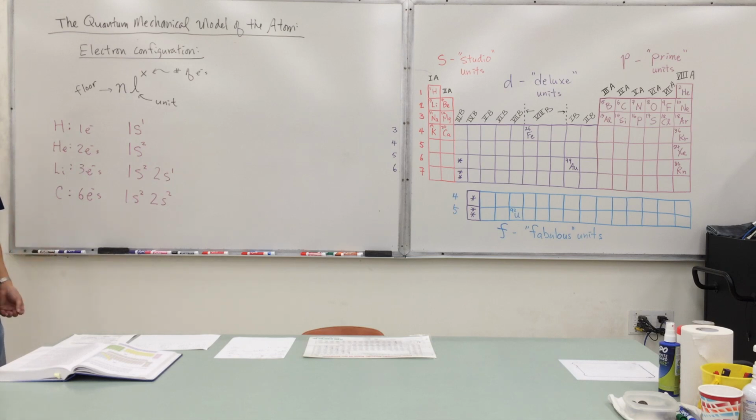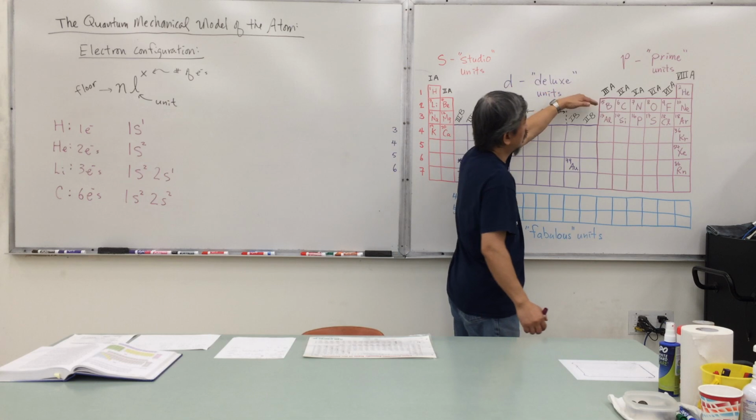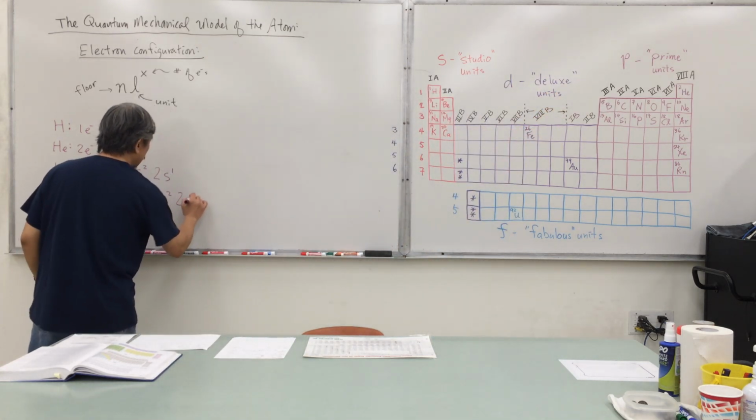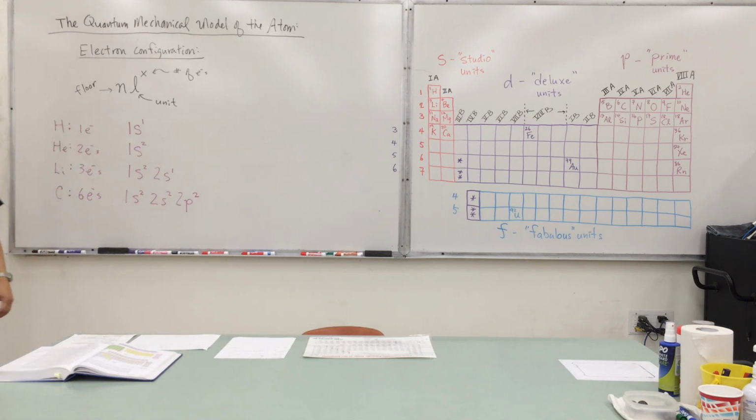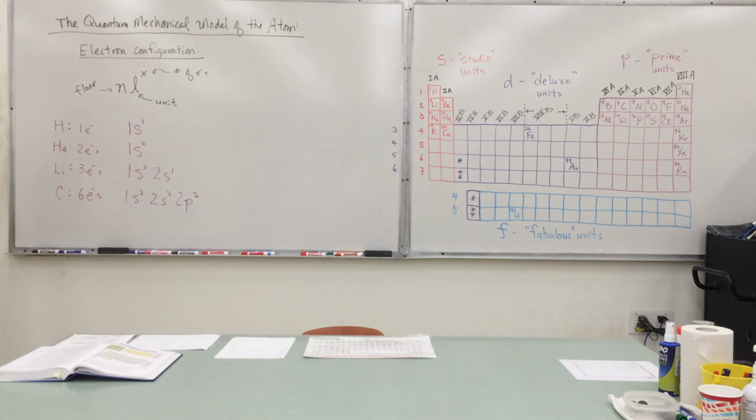Where do I put the extra 2? The other 2 must go to the next available space, which is going to be your 2p, and that will take care of 2 electrons in here as well. So you get a total of 2, 4, 6 electrons, taking care of all 6 of the electrons.